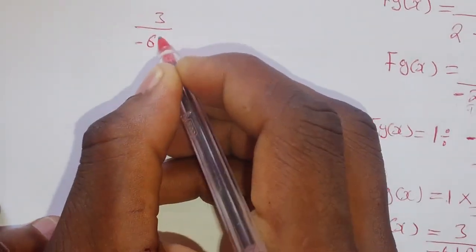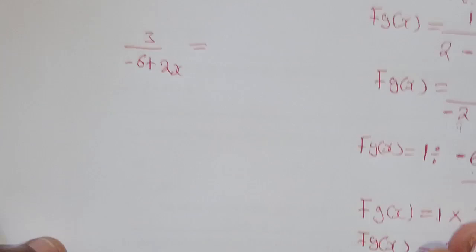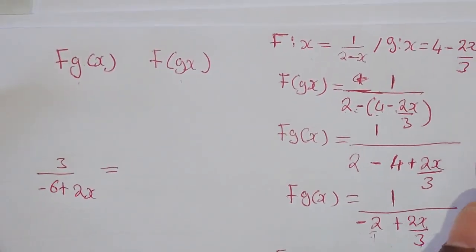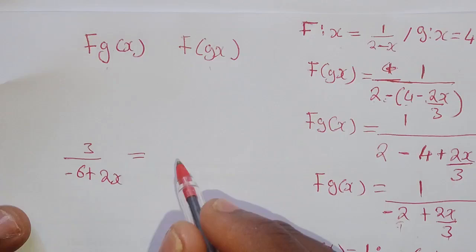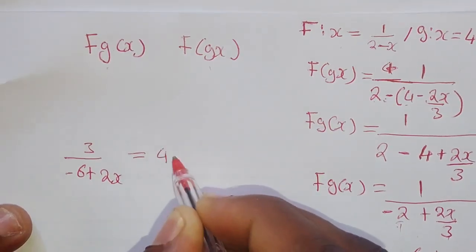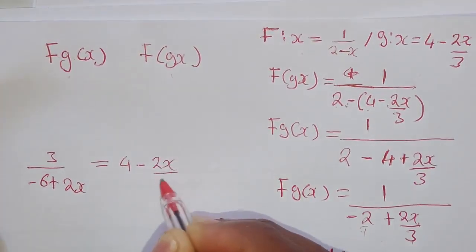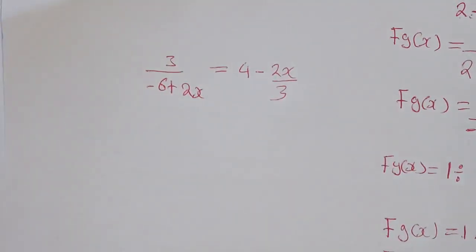So 3 over negative 6 plus 2x is equal to g of x, which is what we wrote here, 4 minus 2x over 3. So we're going to have 4 minus 2x over 3, like this.